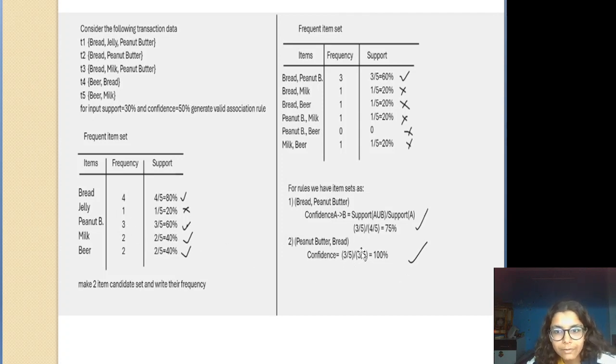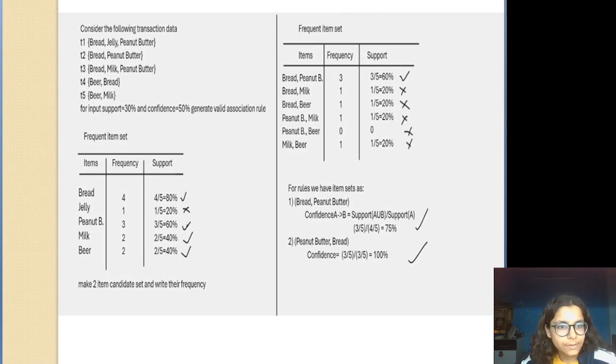So 3 by 5 divided by 3 by 5 is 100%. Our input confidence was 50%, so we can take both of them, as both are greater than our confidence of 50%. So 75% and 100% are considered.